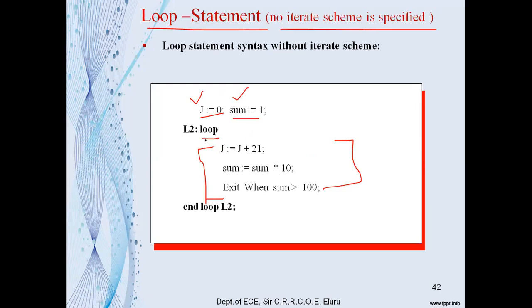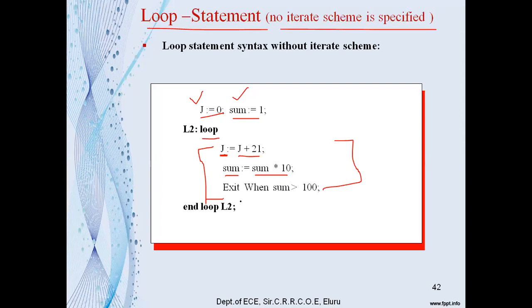When you execute this loop, j is initially 0, and the j value is updated with j plus 21 for every iteration. And the sum value is updated with sum into 10.